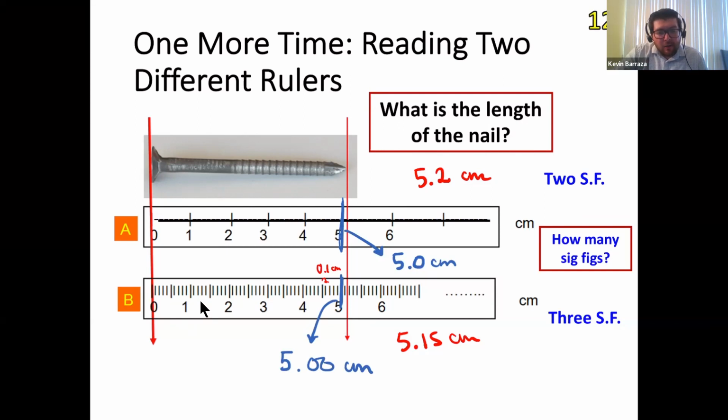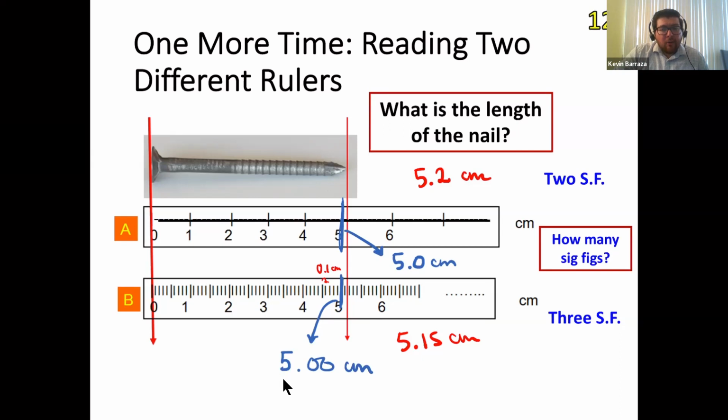So how much does each tick mark count? 1, 1.1, 1.2, 1.3, it's going to the 10th place, right? 1 decimal place. We can always estimate the in-between space. That's going to be the 100th place. So with this ruler, if we were right on the line, it would be 5.00.